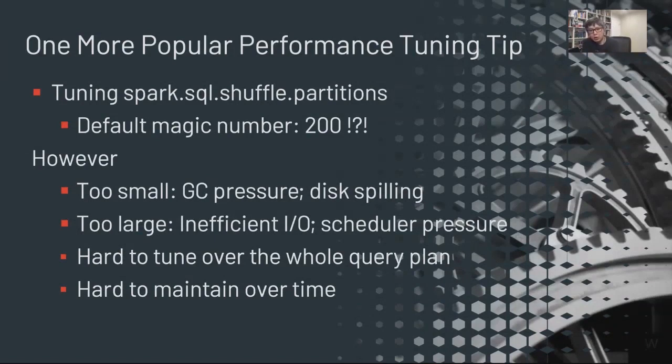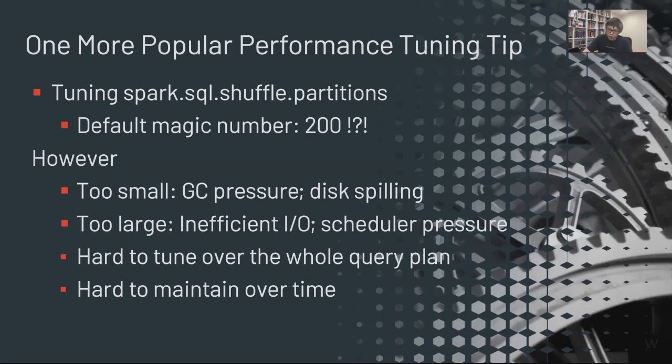Because it is a global configuration, it is almost impossible to decide the best value for every query fragment, especially when the query plan is huge. If you set it to a very small value, the partitions will be huge, and aggregation and sort might need to spill the data to the disk.